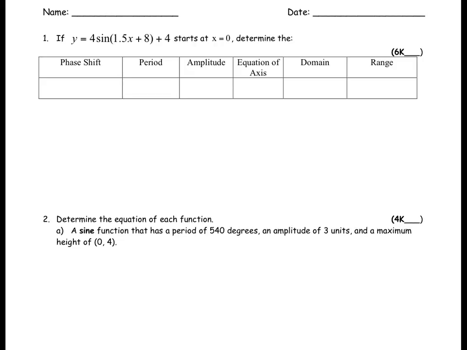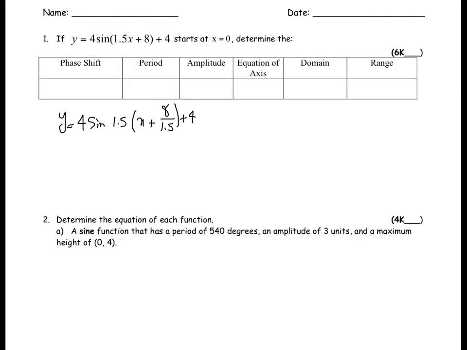So I'm going to rewrite the equation as y equals 4 sine 1.5, I factor it out, and I get x plus 8 over 1.5, plus 4. 8 over 1.5 gives approximately 5.3. Since the formula is x minus h, h has to be negative 5.3. So the phase shift is 5.3 left.